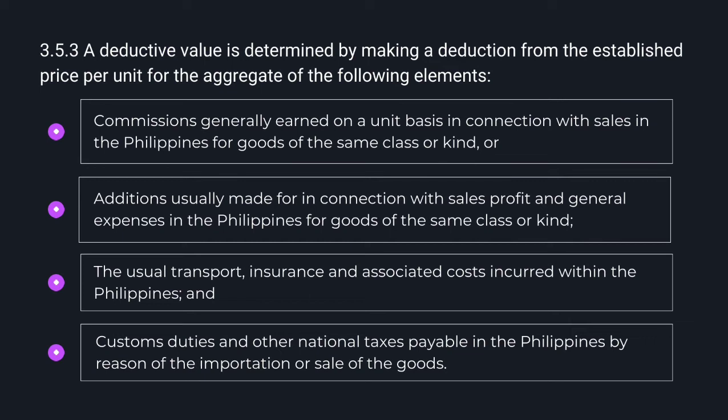Then the normal transportation and insurance charges, as well as any additional expenditures incurred within the Philippines, and where applicable, the cost of transporting imported goods from the port of exportation to the port of entry in the Philippines, loading, unloading, and handling charges associated with transporting imported goods from the country of exportation to the port of entry in the Philippines, and insurance, and customs charges and other national taxes levied in the Philippines as a result of the product's importation or sale.